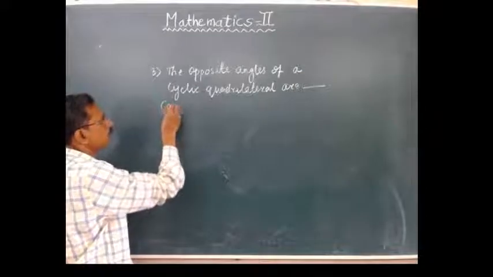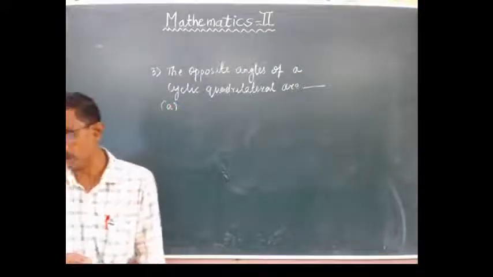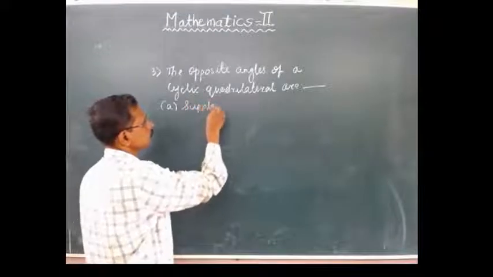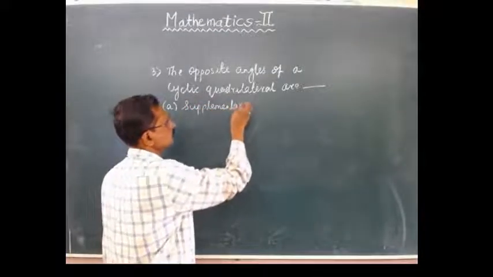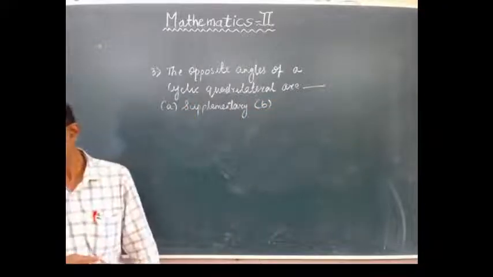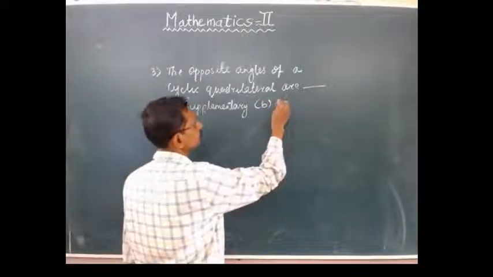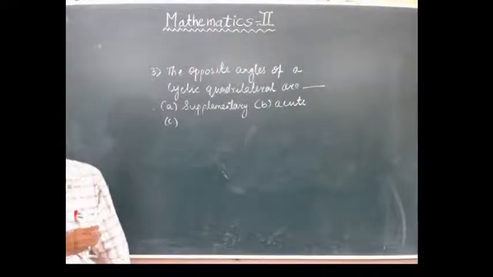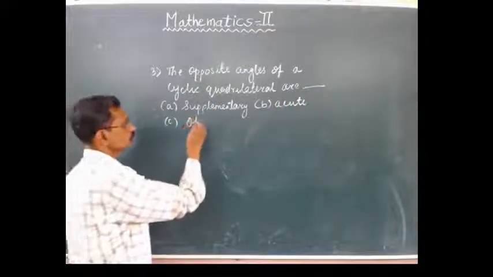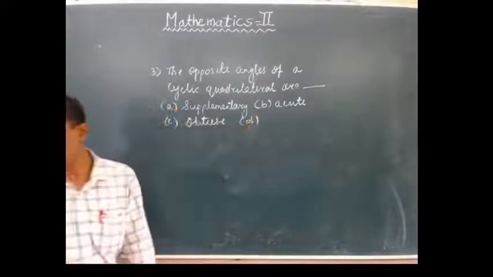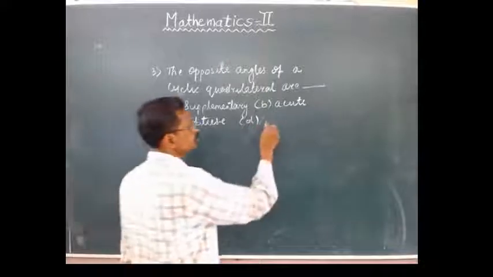Let's see our A option. What does the A option tell me? Supplementary. B option, acute. C option, obtuse. D option, complementary.